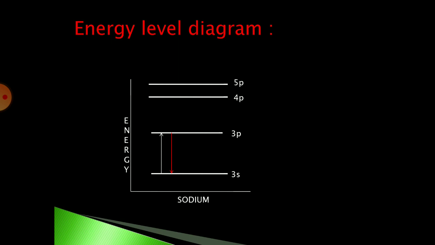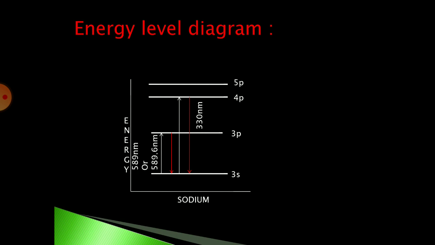This is called an emission of radiation, and this absorption and emission takes place at 589 nanometer or 589.6 nanometer. Similarly, another possible transition is 3s to 4p and emission from 4p to 3s energy level.